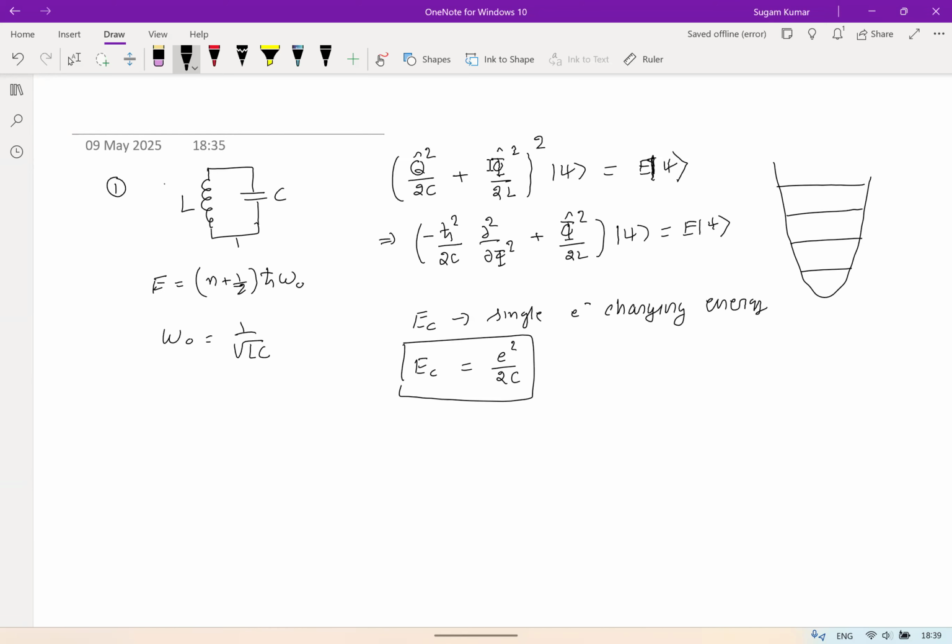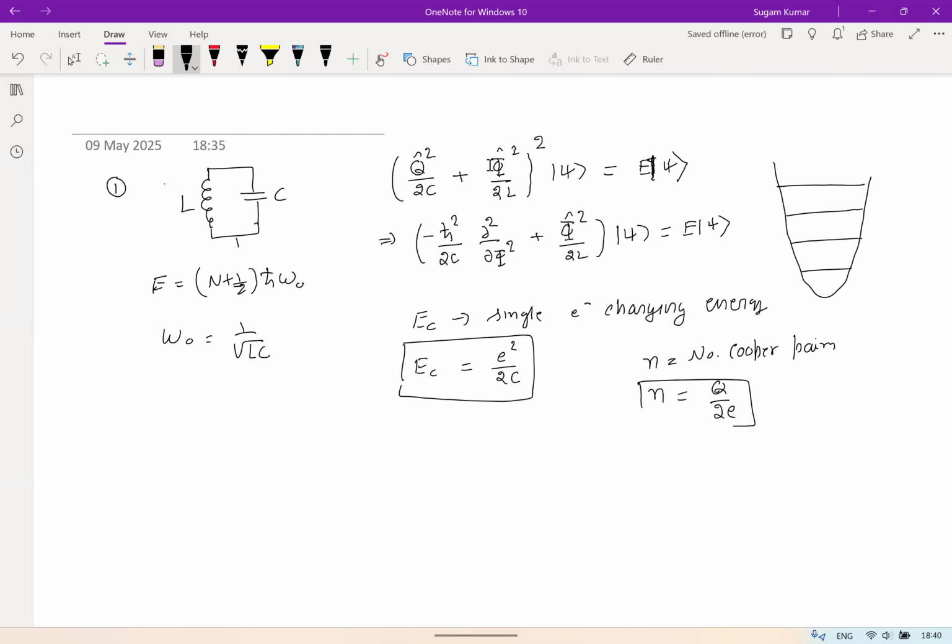Then I defined that if capital N is the number of Cooper pairs, then N will be equal to Q by 2E.